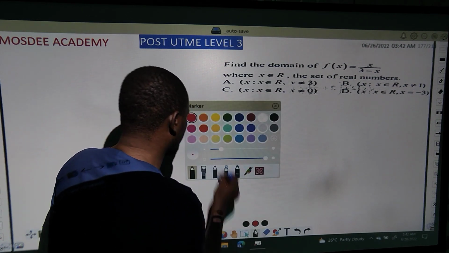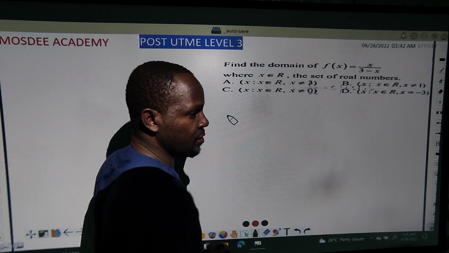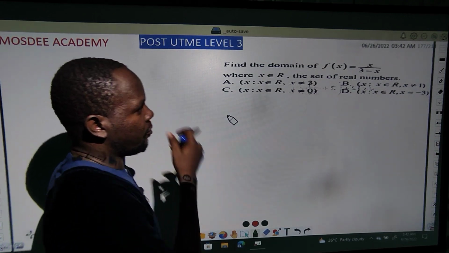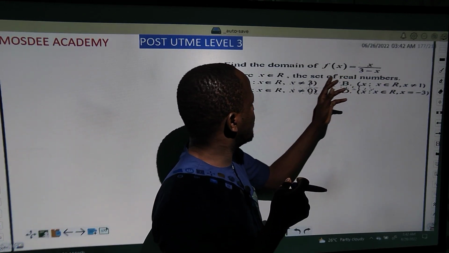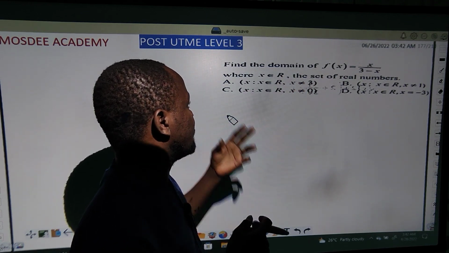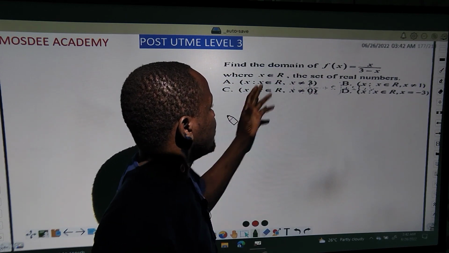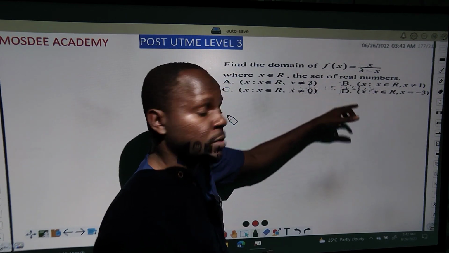So we start with the first question. The first question of today is: find the domain of f(x) equals x over 3 minus x, where x is a member of the set of real numbers.